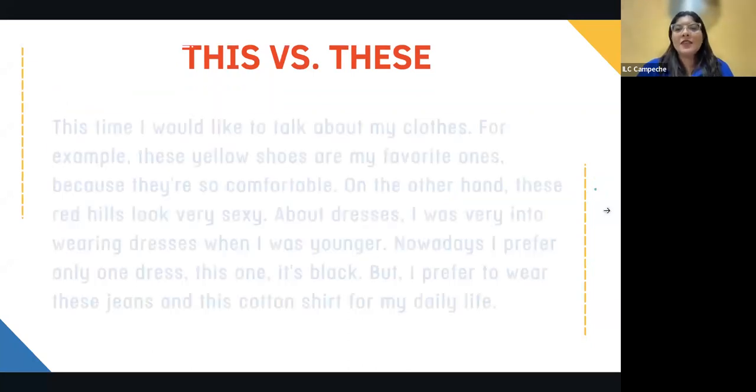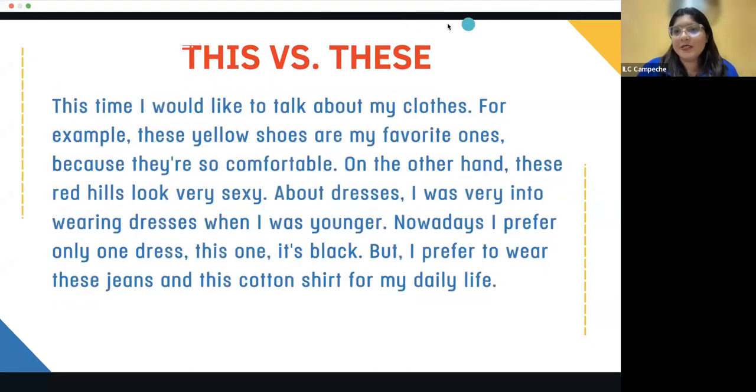Okay, so the last thing for today, we are going to finish in 5 minutes, I promise. I'm going to read this and then one of you will. So the point here is to notice this. These, okay? This time, I would like to talk about my clothes. For example, these yellow shoes. We already saw this, there is no yellow.